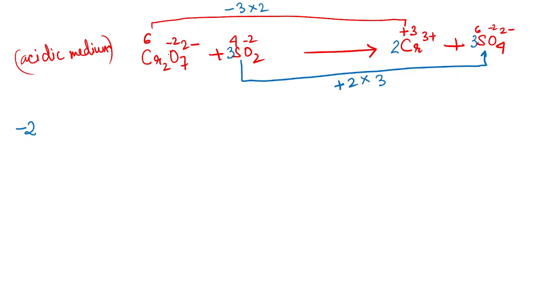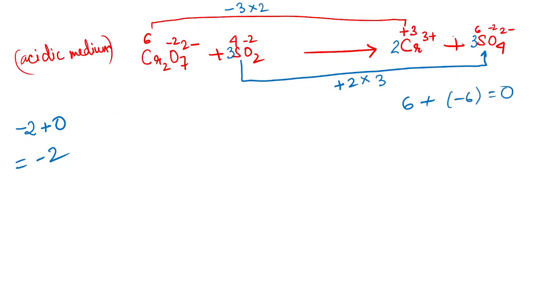SO2 does not have any charge. I have taken this question directly from your book. So here the total charge became -2, and here the total charge is 2 times 3, is 6, plus this will be -2 times 3, is -6, so that is equal to 0.